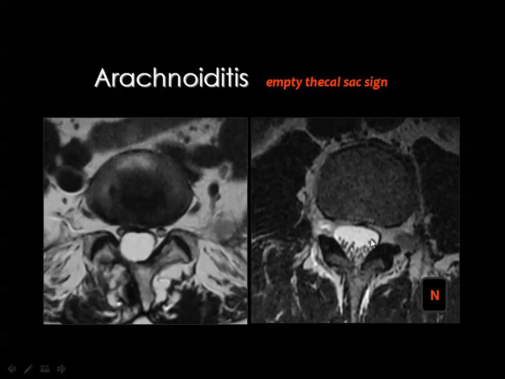This is the normal appearance of the cauda equina nerve roots in the axial T2 weighted image. They are usually located posteriorly because the patient is lying on his back. And in cases of arachnoiditis, you cannot identify the nerve roots inside the thecal sac because they are adherent to the inner wall of the thecal sac, and this is what we call the empty thecal sac sign.